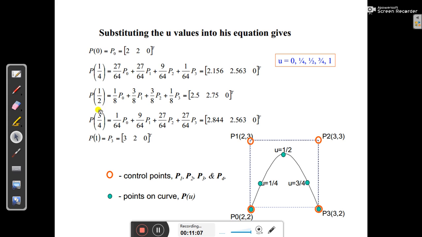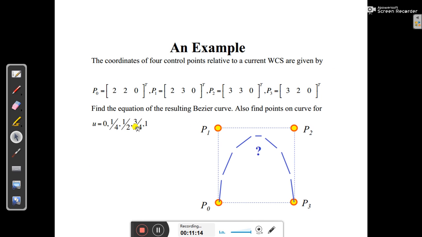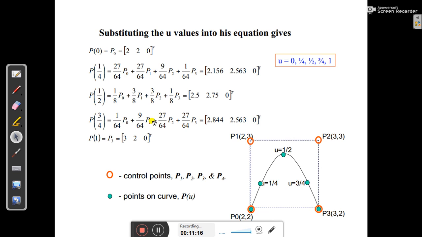So in that way, these are the values of u: 0, 1 by 4, 1 by 2, 3 by 4, and 1. P0 will obviously be 220, and P3 will be 320, because that is the starting point and this is the ending point. This is 220, meaning 2, 2 and 0, and this is 320; in 2 dimensions we are showing, that is a 0 in the third dimensional value.